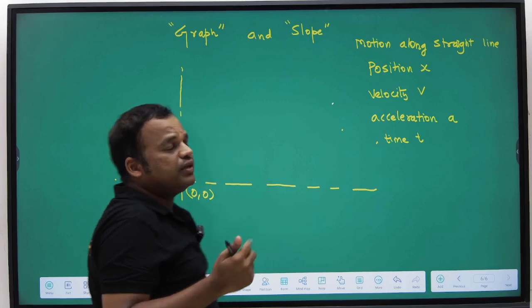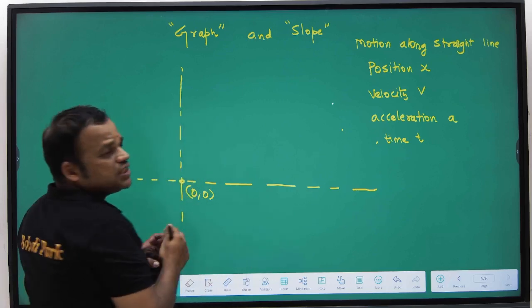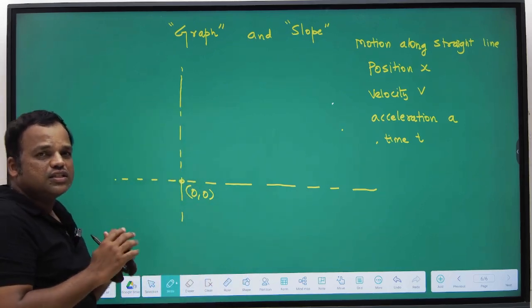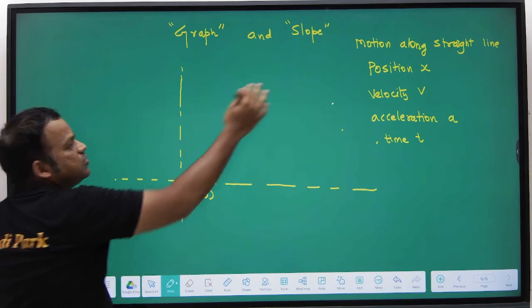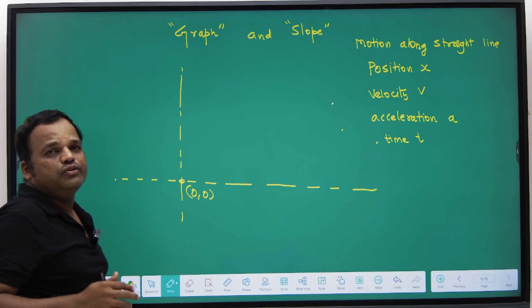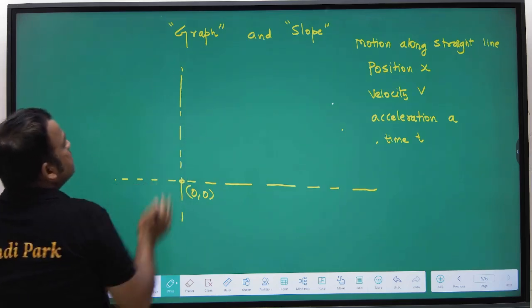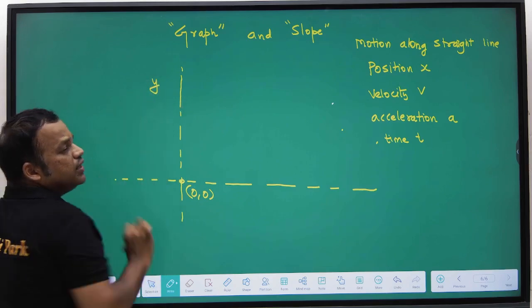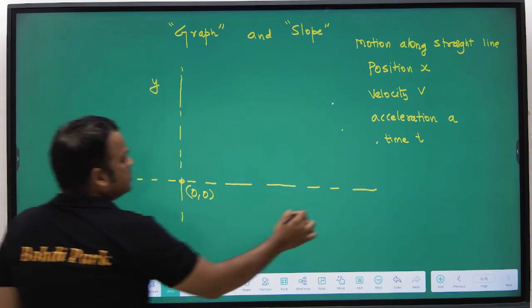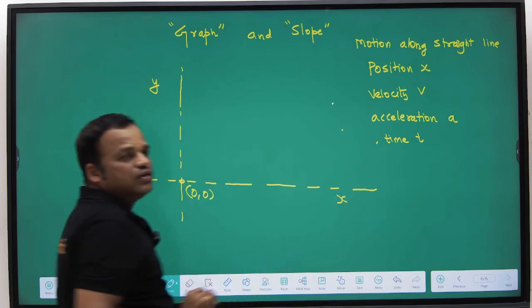So any two we can pick. So in general, let us discuss general concept, then we will solve some questions related to position, velocity, acceleration and time. So y-axis we are considering quantity y, x-axis we are considering quantity x.